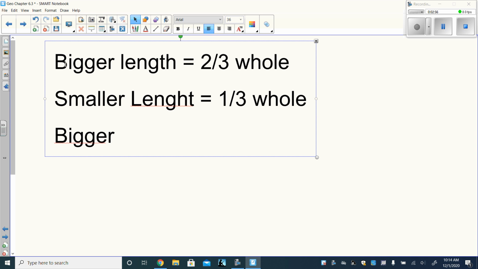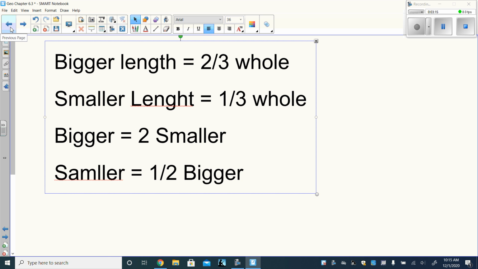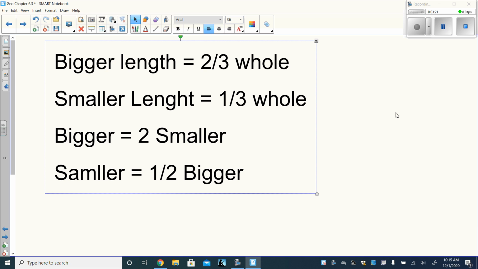And the bigger is equal to twice the smaller. And the smaller is equal to half of the bigger. And this is just how it works. This is just the properties of this centroid. And again, the centroid is the line that connects the midpoint of one side to the angle opposite. And we have these here.